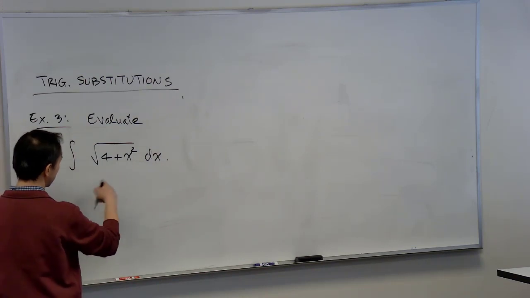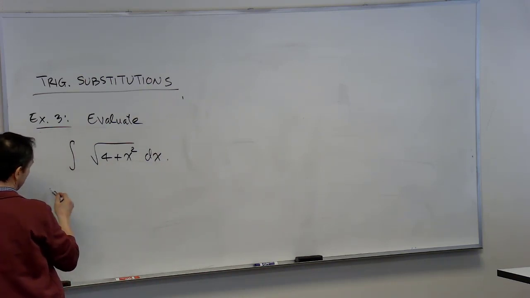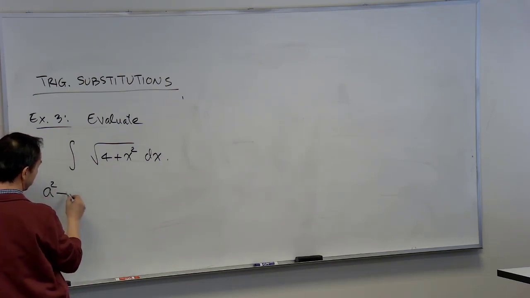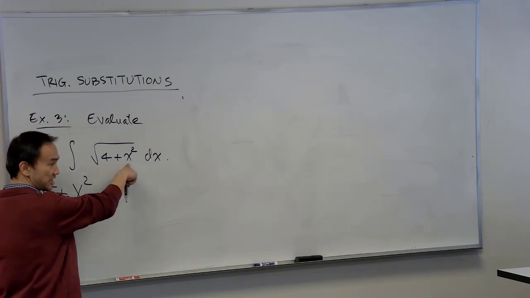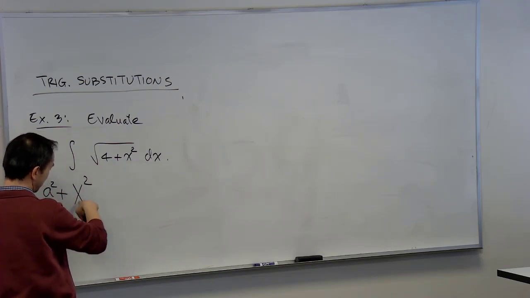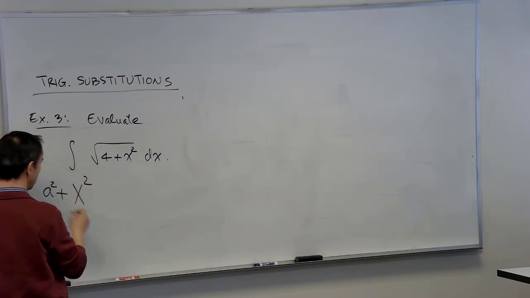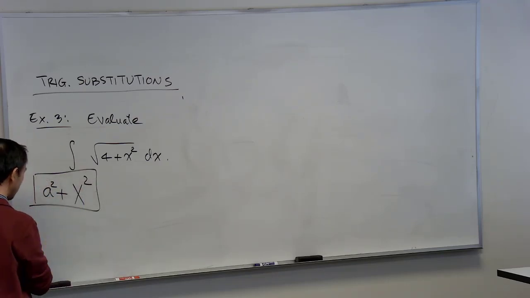So what I'm observing here is that this is in the form of a constant, but you can see that constant as a perfect square, plus some expression being squared right there. So you got 4 plus x squared. The expression here is x squared. So it's a constant squared plus an expression squared. That's the form that we recognize in this problem. So this is the trig substitution I'm doing right here.